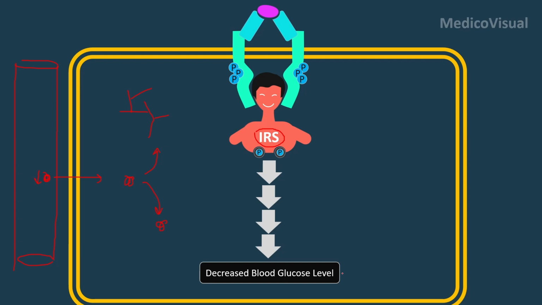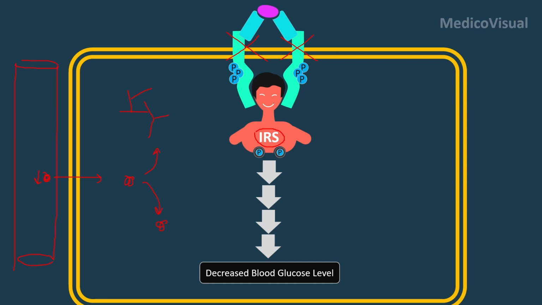Now, try to understand this concept: if this doorbell is faulty, if there is some problem with this receptor, let's suppose it is not able to properly bind with insulin, or even if it binds with insulin, it cannot initiate the signaling cascade, the intracellular series of events that would have led to a decrease in blood glucose level, then of course it means that there will be resistance to the action of insulin.